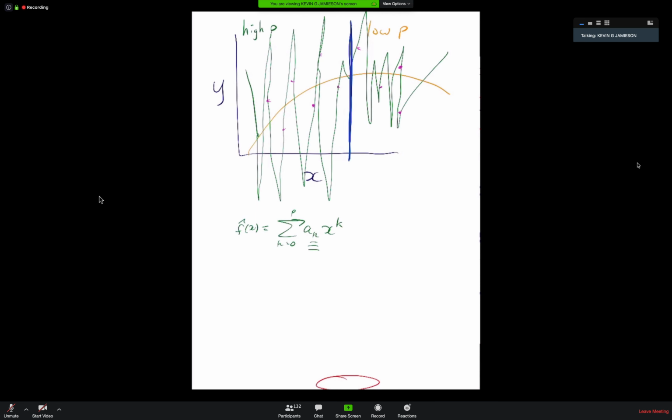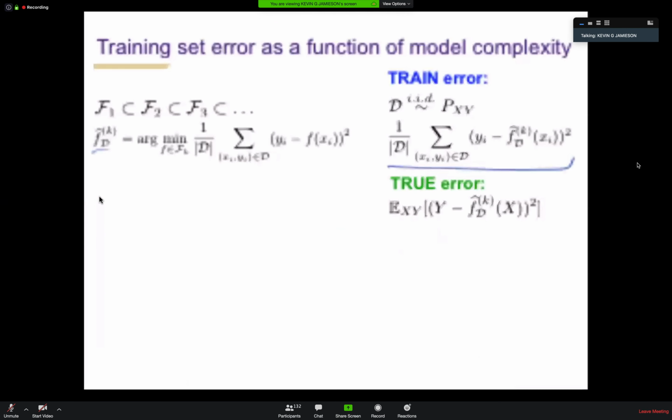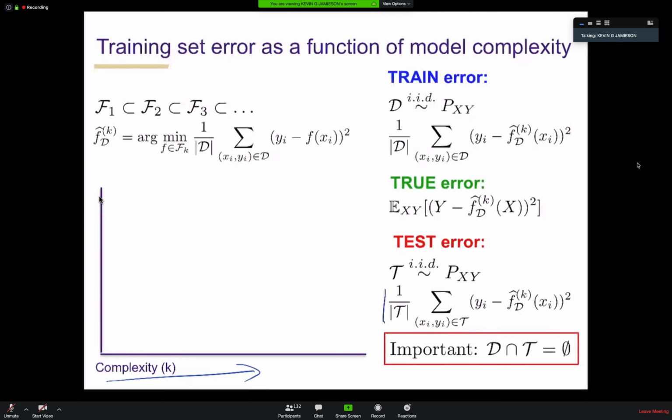How do you think the training error goes? It decreases, yeah. Correct. As the polynomial gets higher and higher, the training error is going to go to 0. You're eventually going to be able to fit the training set exactly. And so as the complexity increases, your training error will decrease.